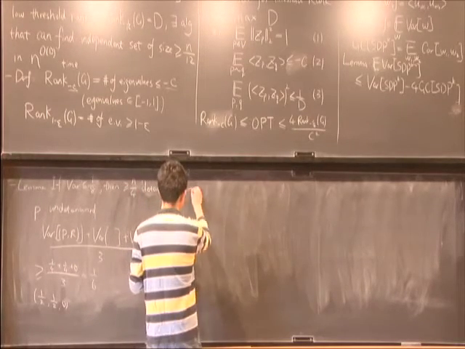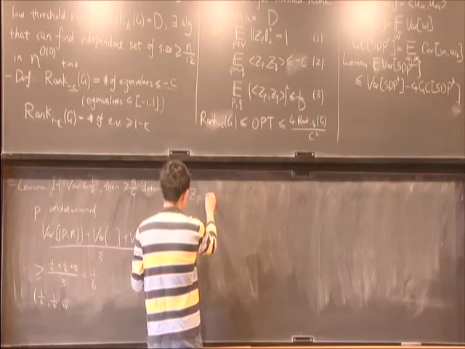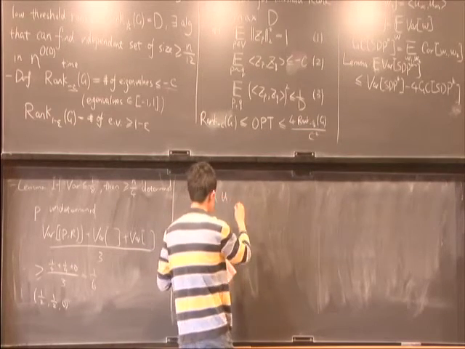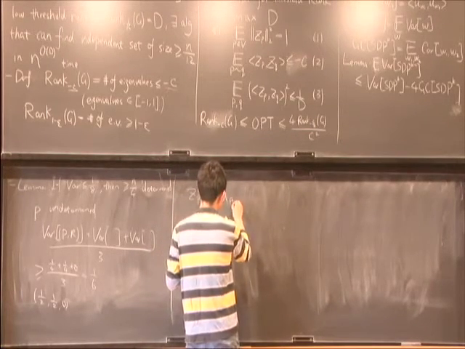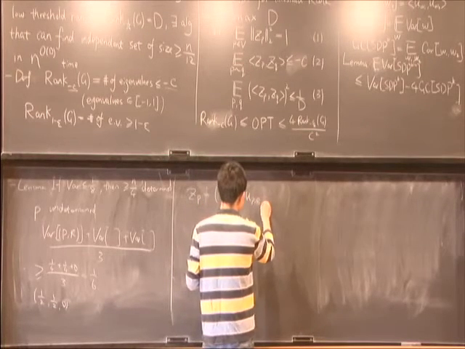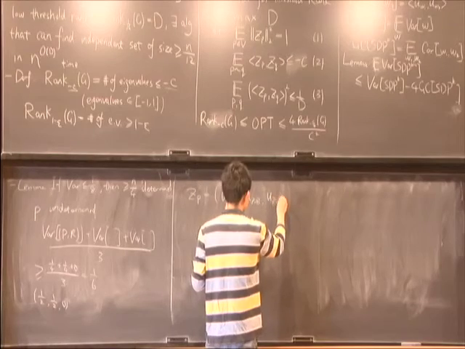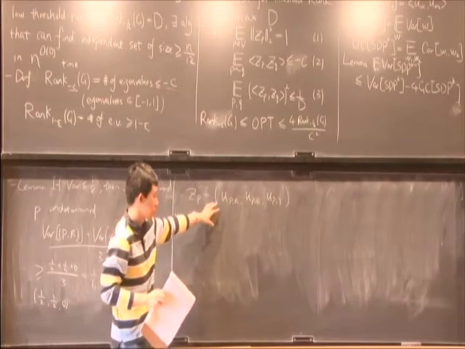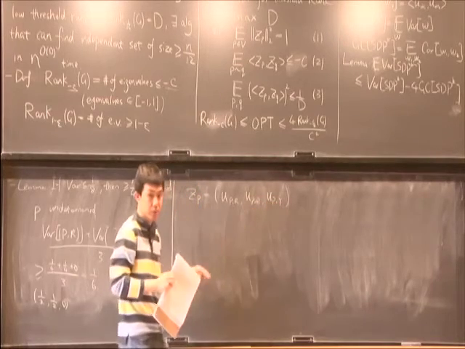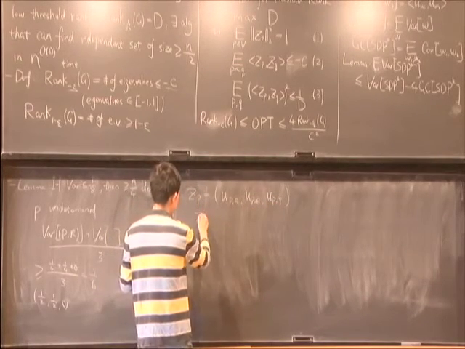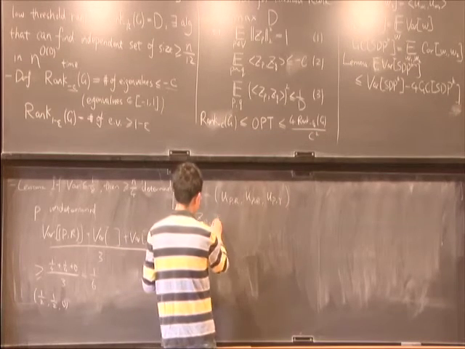Well, the Z vector is actually the concatenation of the U vectors, UPR, UPB, UPY. So now you see ZP times ZQ.